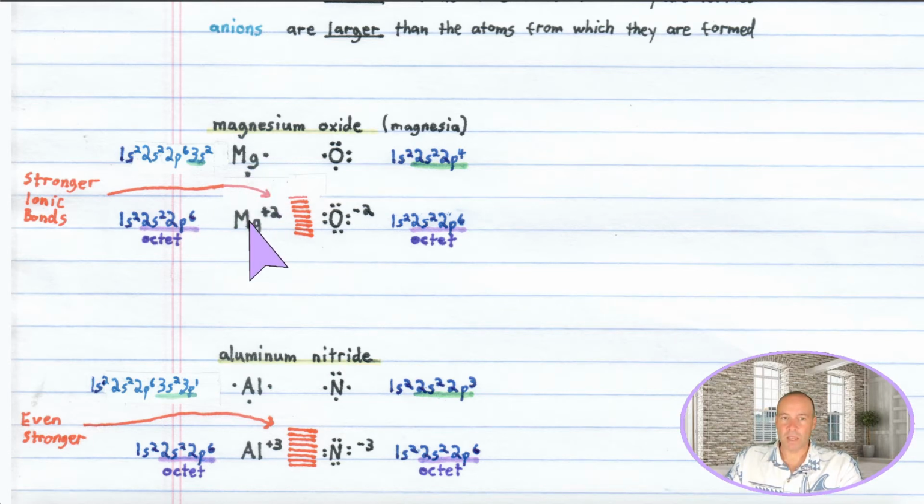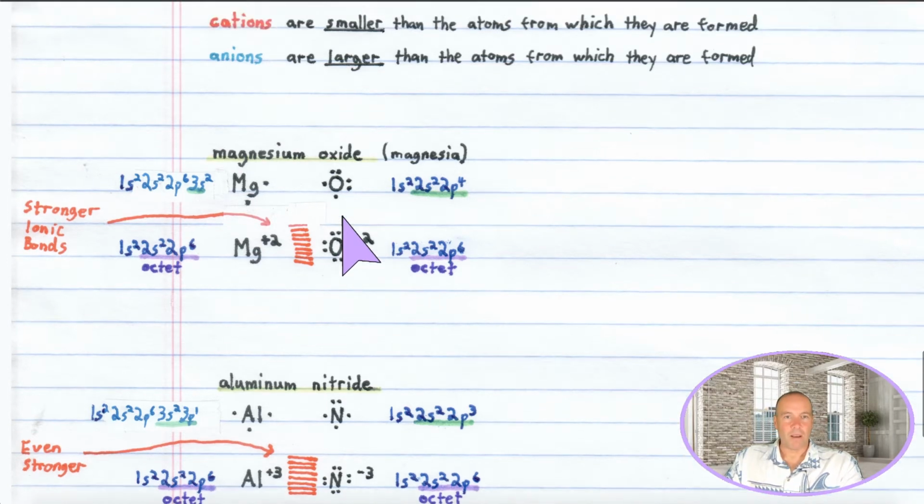So losing 2 electrons, magnesium becomes like neon. And oxygen, by gaining 2 electrons, becomes a -2 charged anion, and it also becomes like neon. So they both become like the noble gas neon.